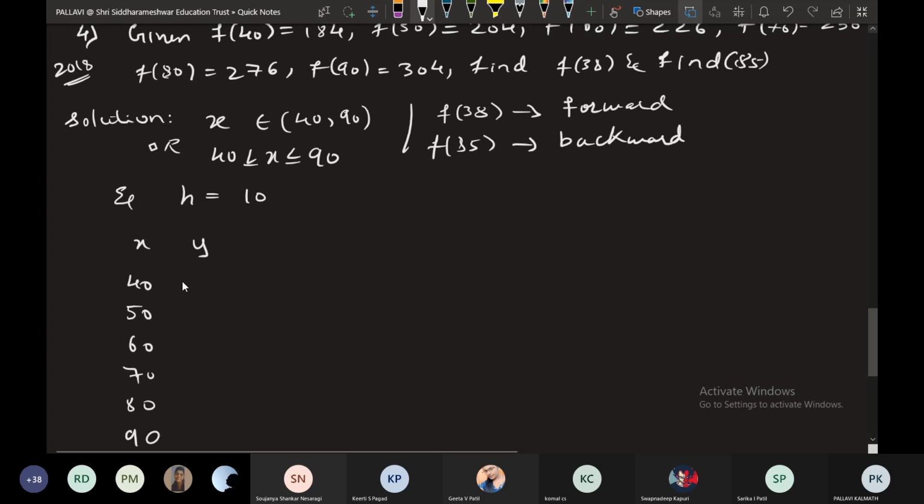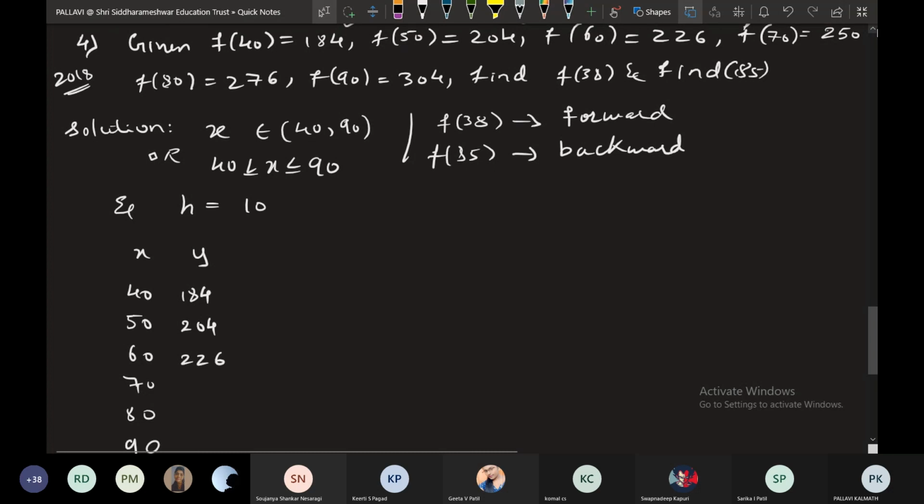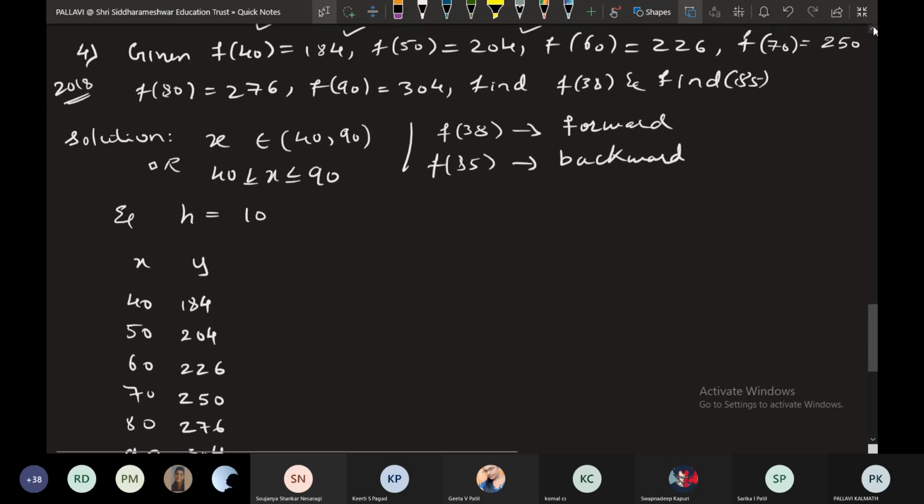Okay, go on writing the y values. 184, then 204, 226, 250, then 276, and at 90 how much is it? 304. Okay, can you see the difference table, or should I scroll it up?